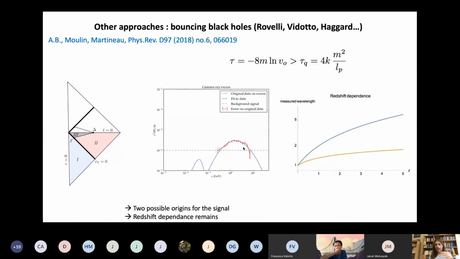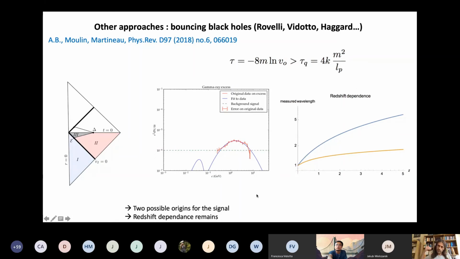As I was saying, I would bet my life that it comes from astrophysical effects, okay? But still, it's interesting to understand whether the same model could account for different astrophysical or cosmological effects. And what I like about this idea, it's not really to be able to explain that, because when playing with the parameters, this is not impressive, is that we have a very specific redshift dependence. This is what I like.